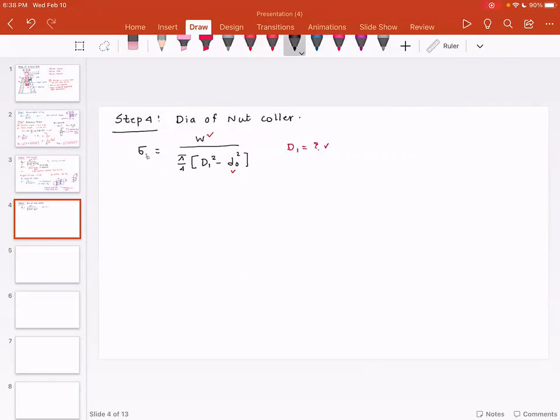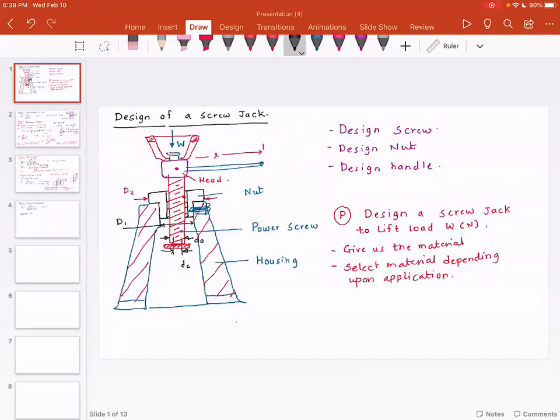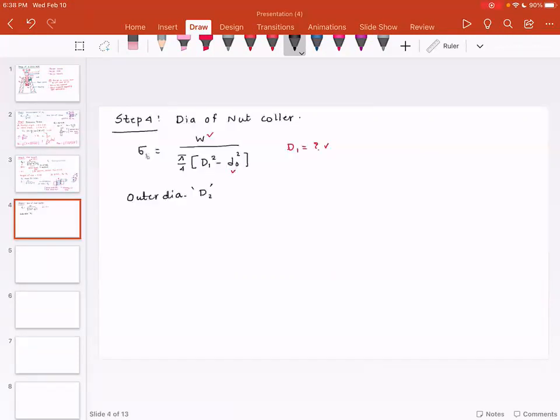Then next step is to find the outer diameter, which is D2. I want to show you this outer diameter. If you look at it, this outer diameter D2 is sitting on the housing. So the failure of the outer diameter is because of the crushing or compression failure.